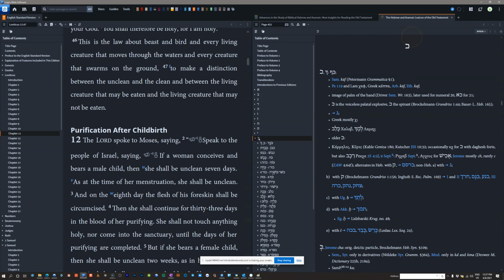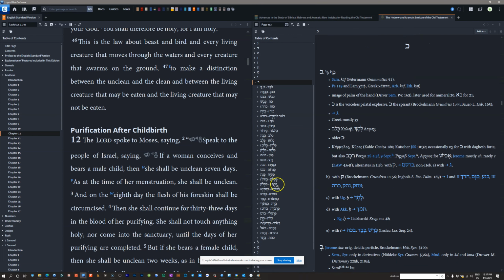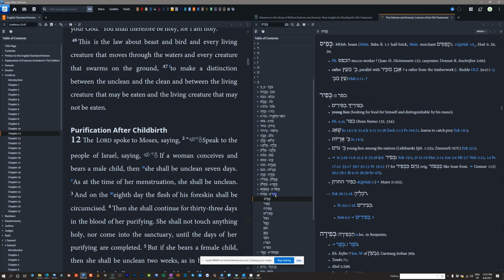I'm looking up kafar in my lexicon, my HALOT lexicon, which is a more thorough one. Here we go. Kafar.